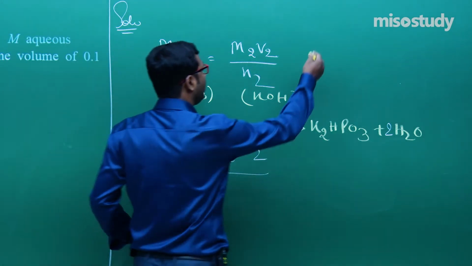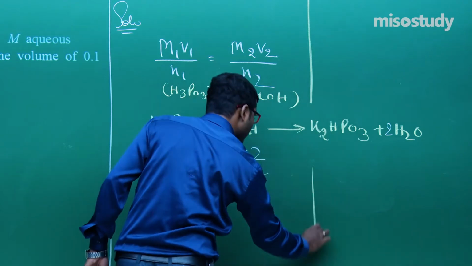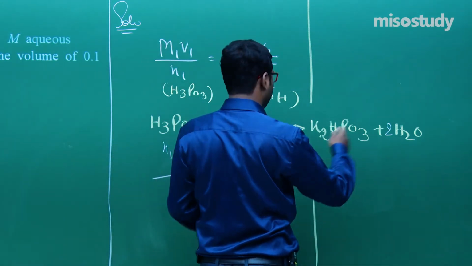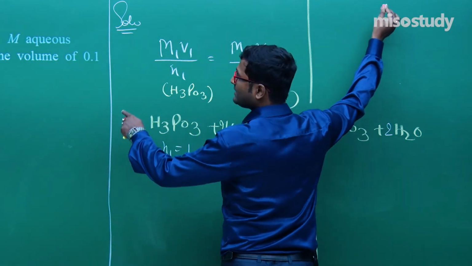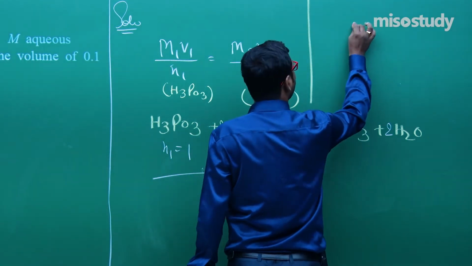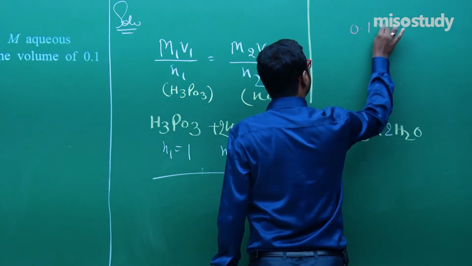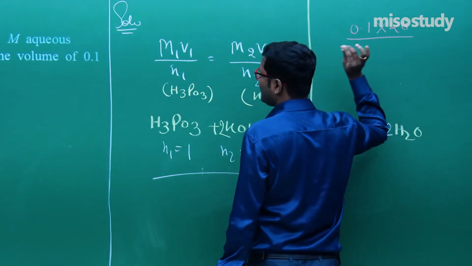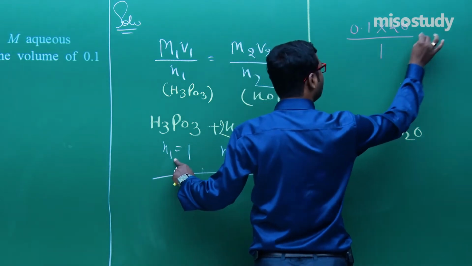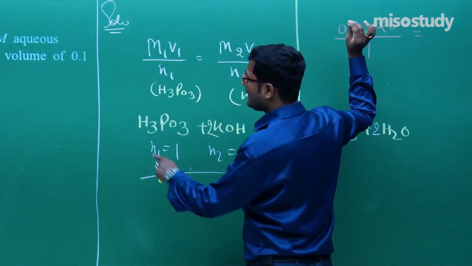Now moving here friend, I am going to put the values here. Wait for a moment. M1, what is given here? M1 is 0.1. Okay, what is V1? That is 20 ml. What is N1? N1 we get 1. Okay, what is volume?